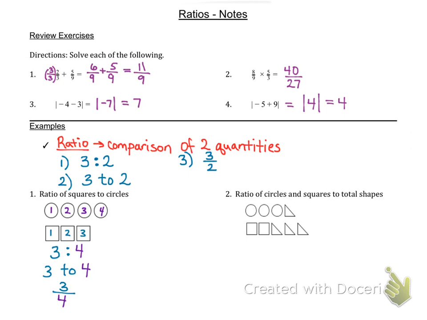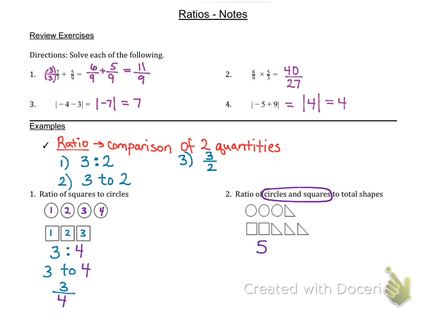Let's try number 2. We have the ratio of circles and squares to total shapes. So the first part of this is circles and squares. So we want to add up together both the circles and the squares. So we have 1, 2, 3, 4, 5 circles and squares.